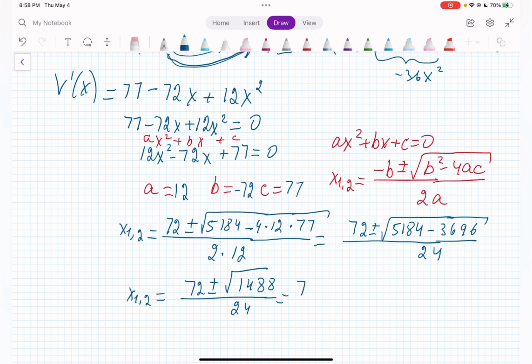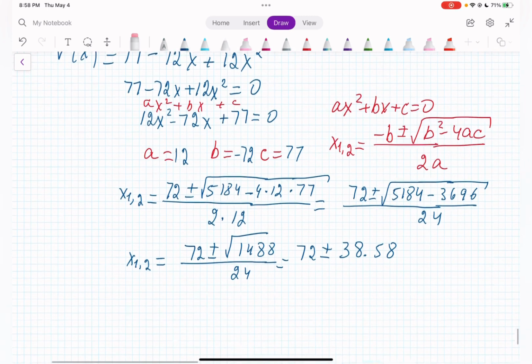So I get 72 plus minus 38.58. If you look, the 6 will round the 5 up, and accordingly that will round to 8. That would be the right way to round it.